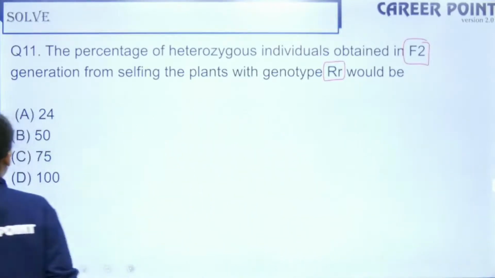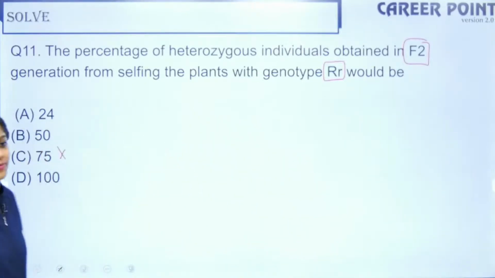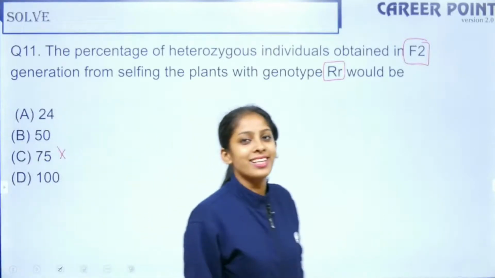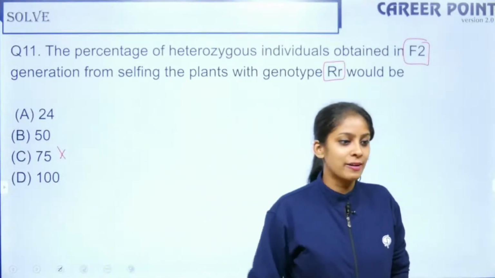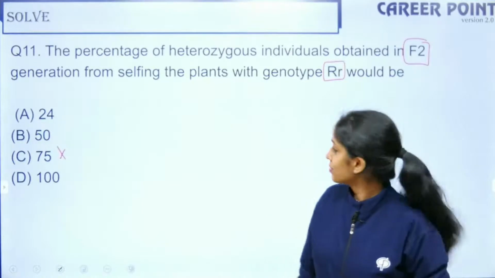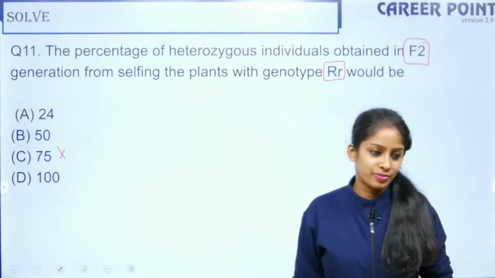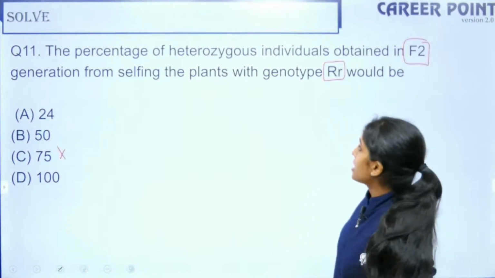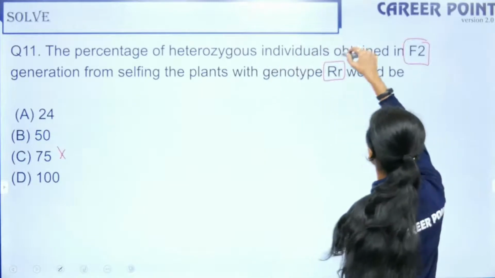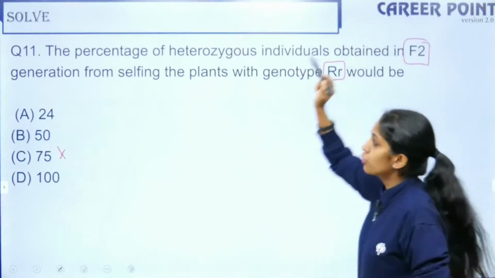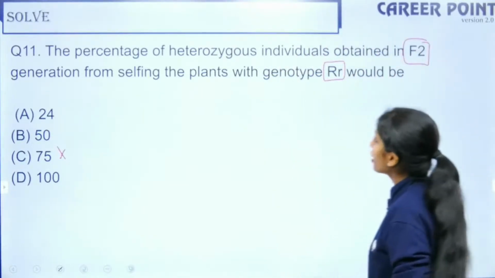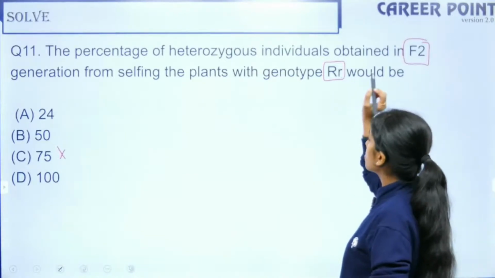Okay, 75 is the wrong answer, Shimpi. The percentage of heterozygous individuals obtained in the F2 generation from selfing of the plants with capital R, small r.